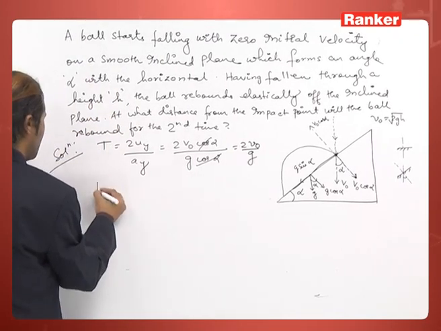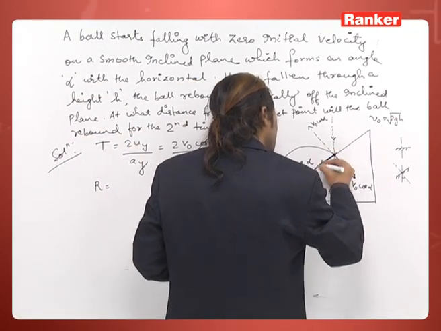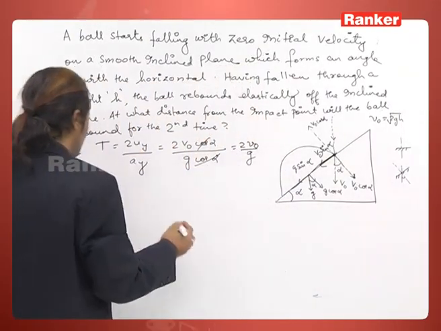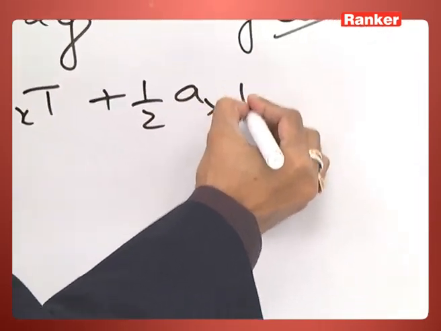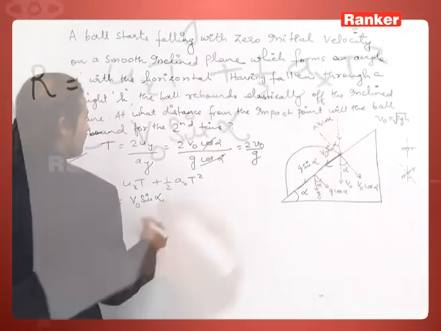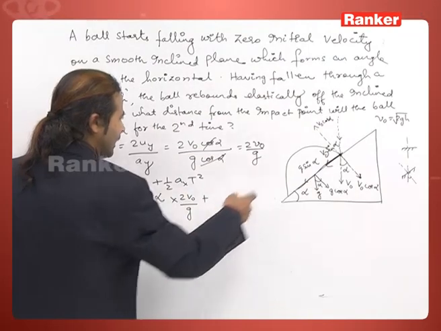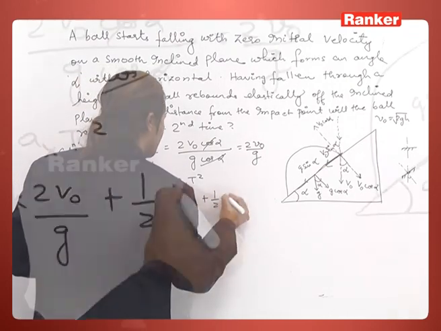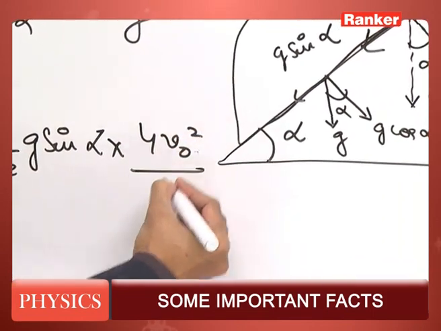Now range R is equal to, and the parallel component remains unchanged, so this is v naught sin alpha. So ux into t plus half ax t square. So ux is v naught sine alpha and t is 2v naught by g plus, ax is in the direction of v naught sine alpha, so there will be no negative sign, half g sine alpha into t square which is 4v naught square by g square.